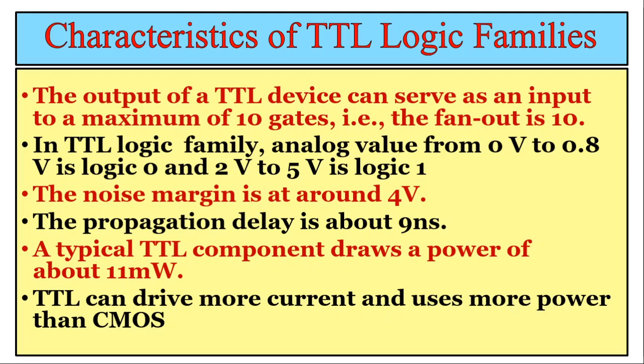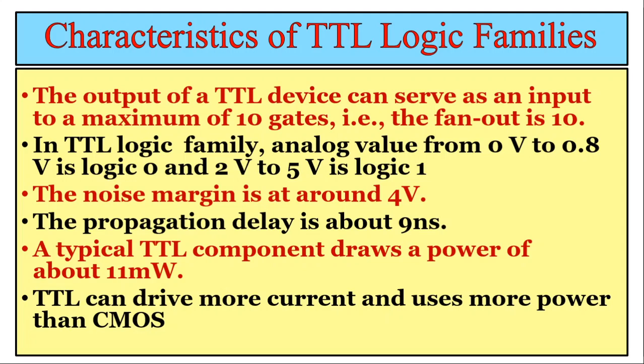Let us now discuss the characteristics of TTL logic families. The output of a TTL device can serve as an input to a maximum of 10 gates, that is, the fan out is 10. In the TTL logic family, an analog value from 0 volt to 0.8 volt is considered as logic 0 or logic low voltage, and 2 volt to 5 volt is considered as logic 1 or logic high voltage.